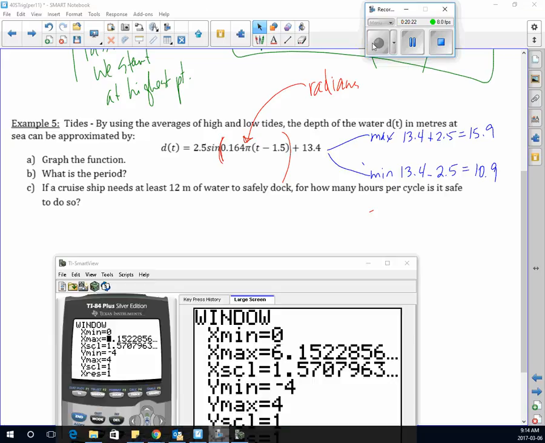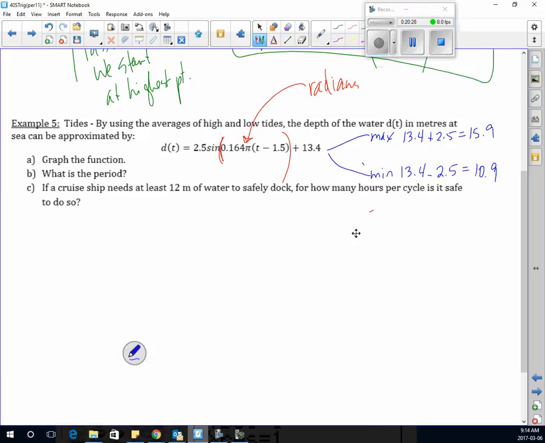Good. Let's figure out our periods so that we can actually see how long we should have our x's. How do I figure out my period? 2 pi divided by 0.164 pi. The pi's cancel, and it's whatever 2 divided by 1.64 is. Who can tell me what that is?